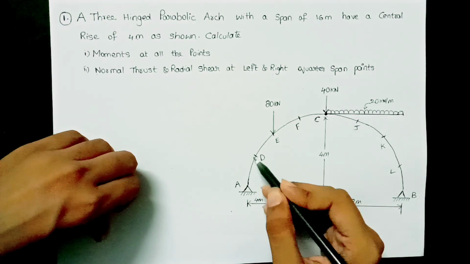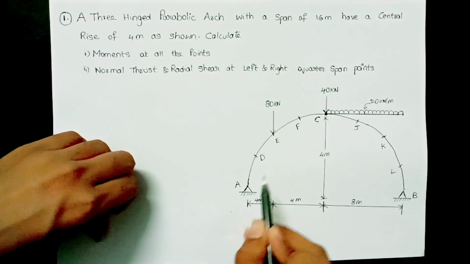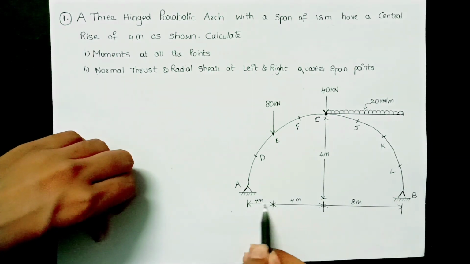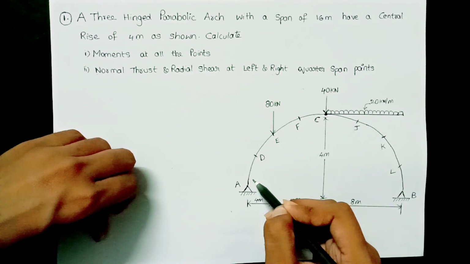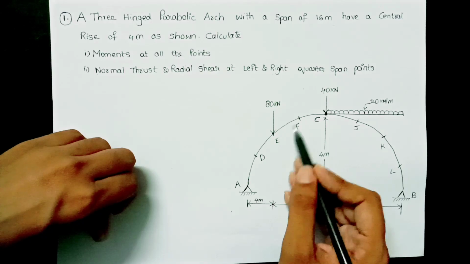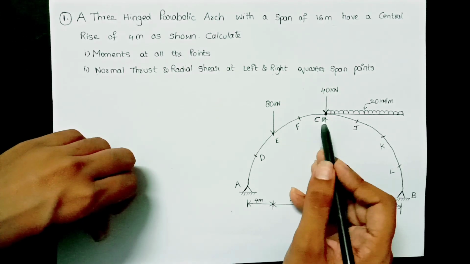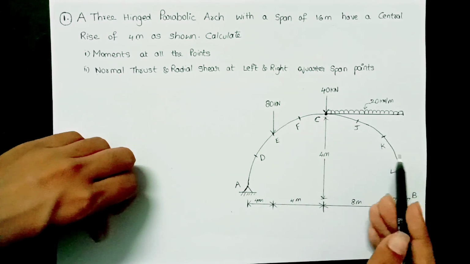Another thing is that all the points are equidistant from each other. This point to this point is given as 4 meters. Therefore the distance between these two points is 2 meters, and between these two points it will be 2 meters, and between each and every point the distance is 2 meters. Another thing is that the arch is symmetrical.